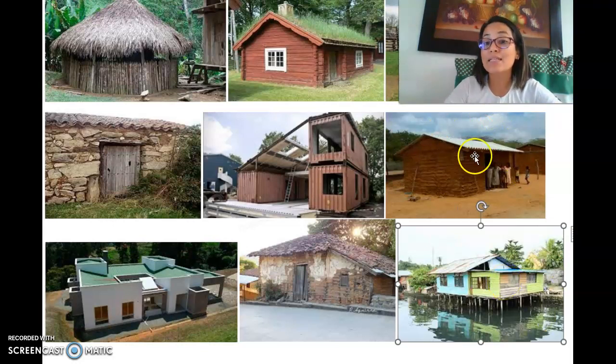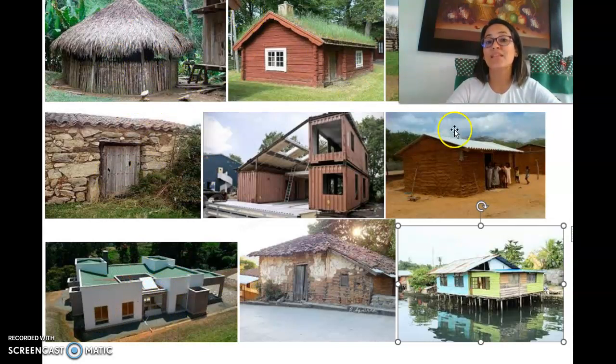Maybe in this case, we show a desert place. So what kind of materials do they use and how do they use them to build this kind of house? Maybe stones, okay, maybe wood, okay.